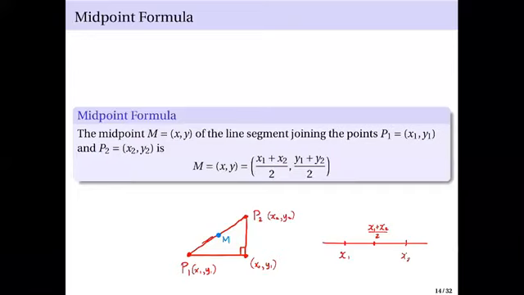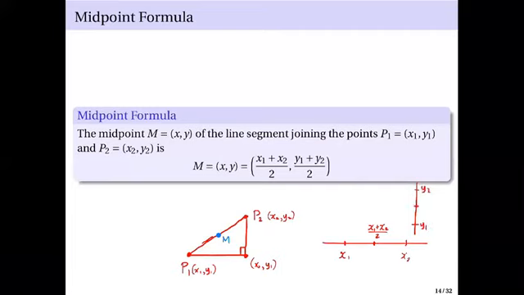Okay? And similarly, say you're on the vertical, this is your y2, this is your y1, and then you look at the middle. Again, the middle is calculated using the formula for the average, y1 plus y2 divided by 2.